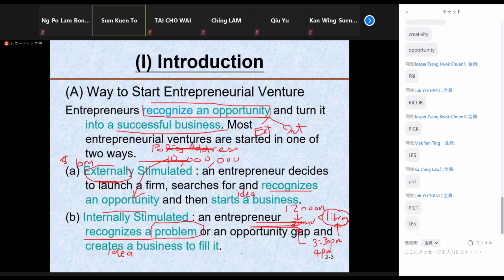I suspect that a lot of other people in university may have a similar problem. So you may think, let me try to do something. You try to invent an app. The app is called Don't Skip Class, 咪走堂. Just for example.